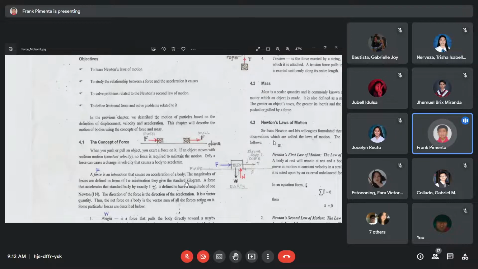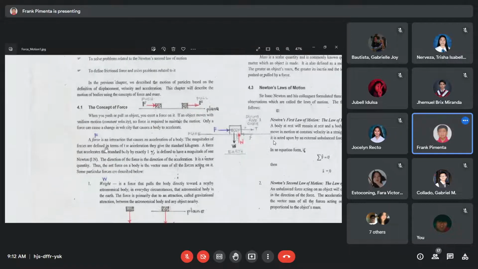The other definition of force is an interaction that causes an acceleration of the body. And what is the unit of force? Force is expressed in terms of Newton.